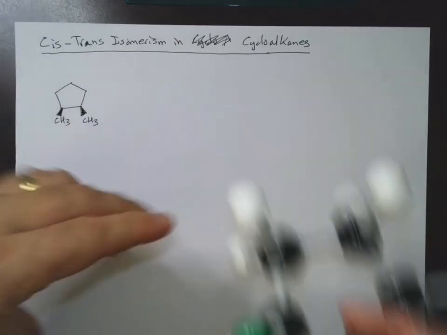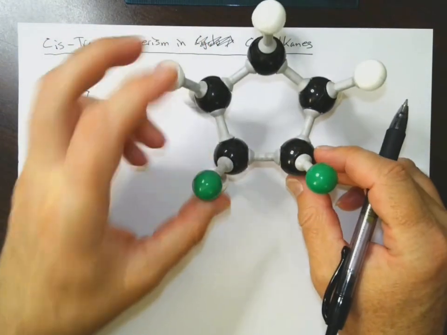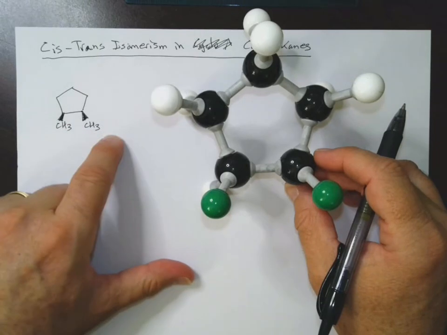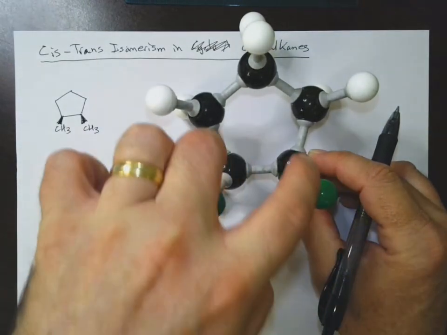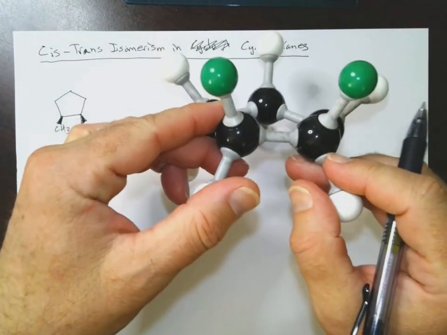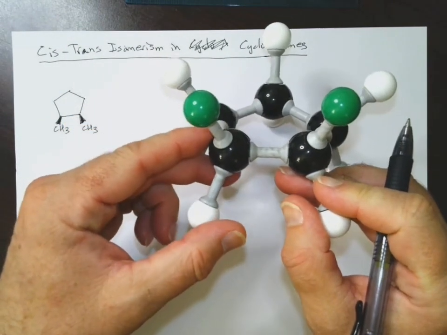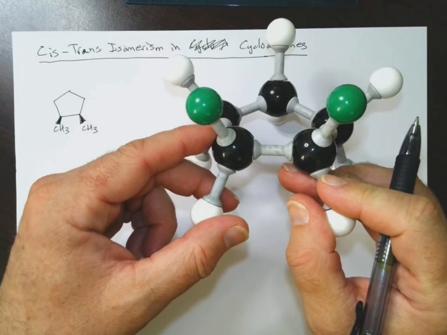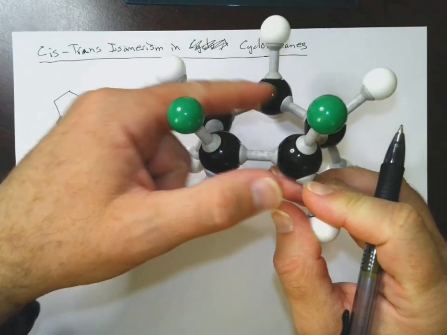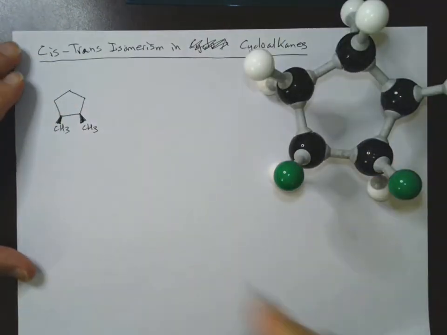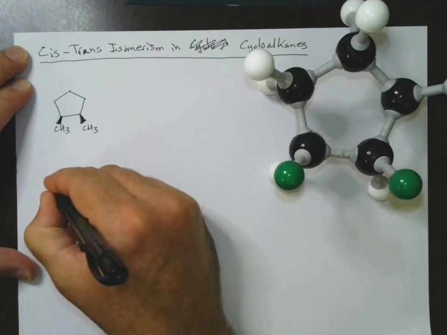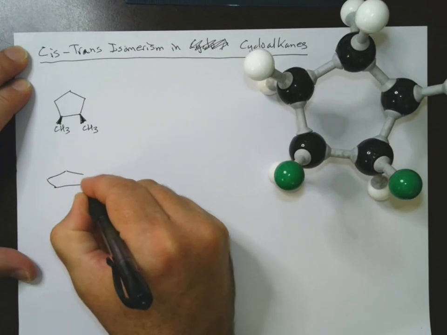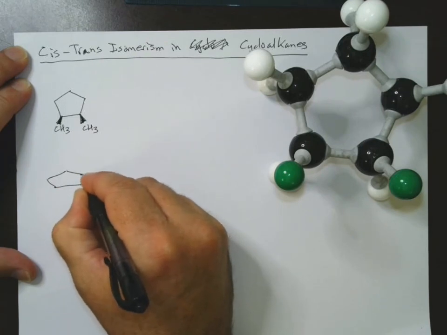Instead of drawing it with wedges representing the two groups coming out towards us, I can be a bit artistic and use a foreshortened ring, kind of an extra flattened ring.